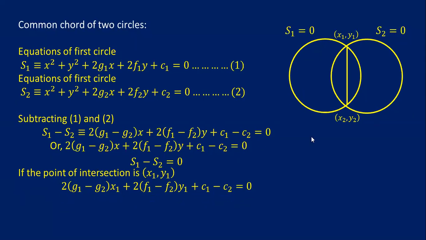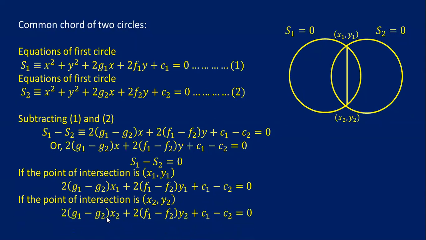If the point of intersection is (x2, y2), then this also satisfies: 2(g1 minus g2)x2 plus 2(f1 minus f2)y2 plus (c1 minus c2) equals 0. We have to remember S1 minus S2 equals 0. That is very important.